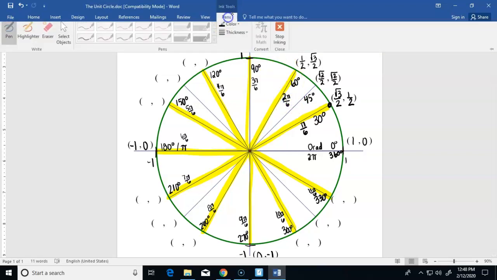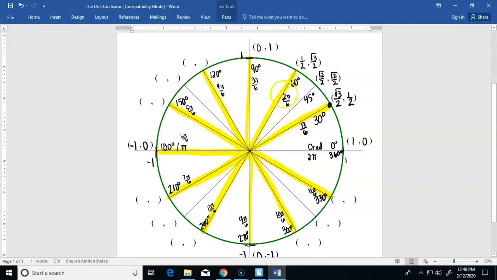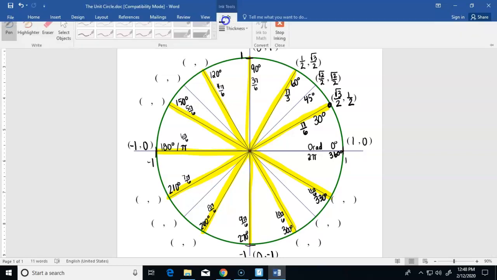So I'm going to take this 2 pi over 6, and I'm going to erase it, because I'm going to run out of room if I don't. I'm going to change that to pi over 3. So once you count around pi over 6, 2 pi over 6, 3 pi over 6, 4 pi over 6, and so on, you need to reduce anything that'll reduce.